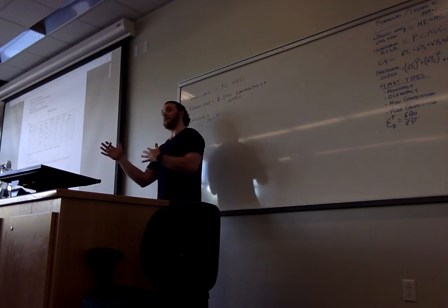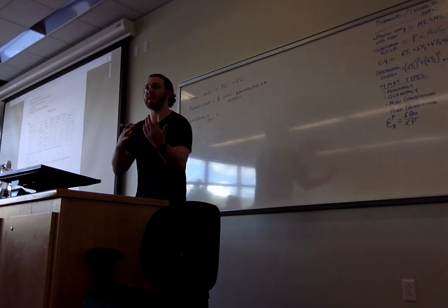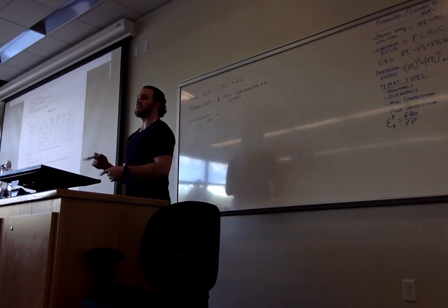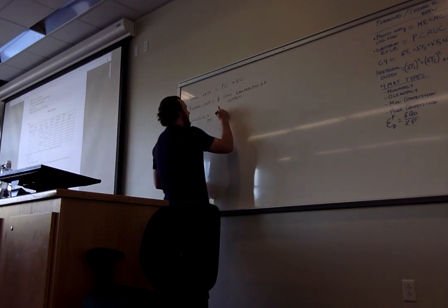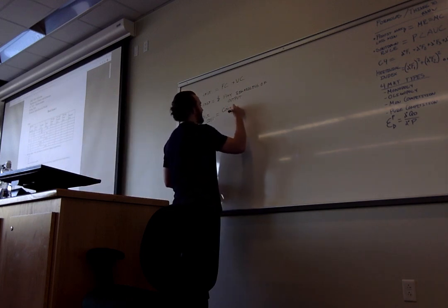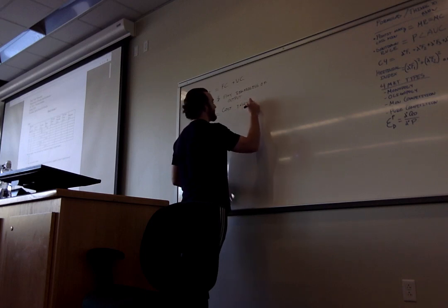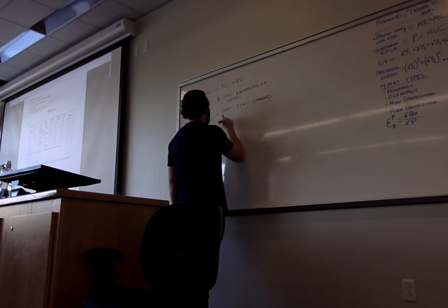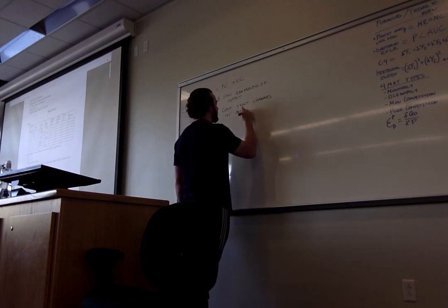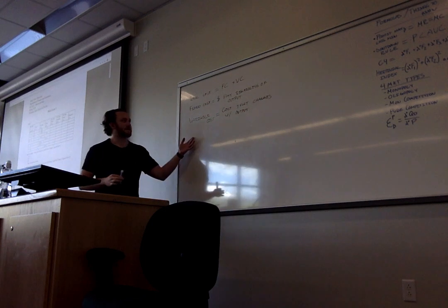But if we're only serving 50 people, it changes, right? That cost is changing because you don't have to buy as much food, you don't have to pay as many waiters, as many chefs. So variable cost is your cost that changes with your output. Okay? Is everybody okay with this?